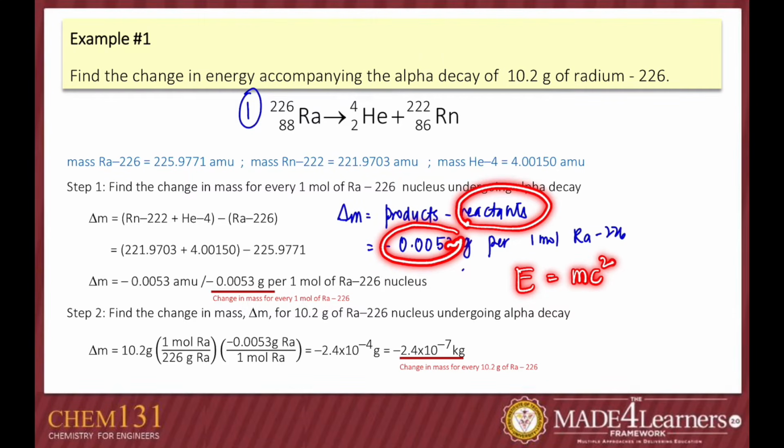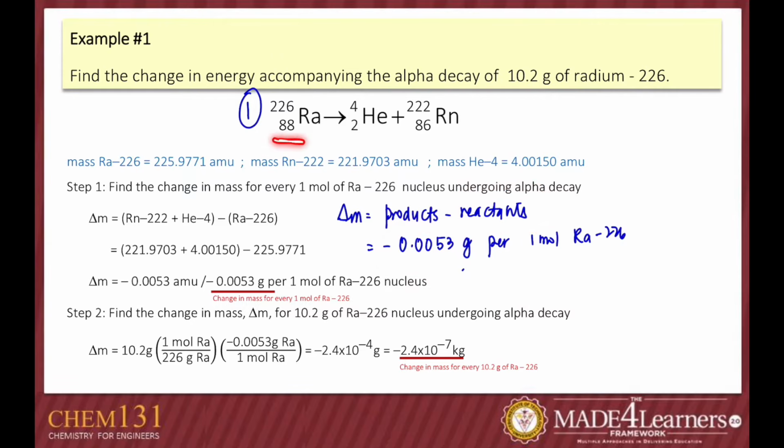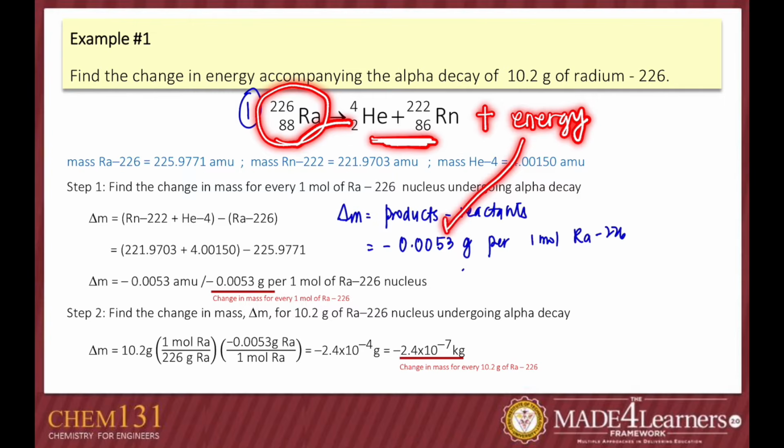So, there is a discrepancy: the reactant is heavier than the products. When radium-226 undergoes alpha decay, aside from producing these particles, there is energy that is released. That accounts for the 0.0053 grams that went missing. It did not simply evaporate. This has been converted to energy that's released in the process.